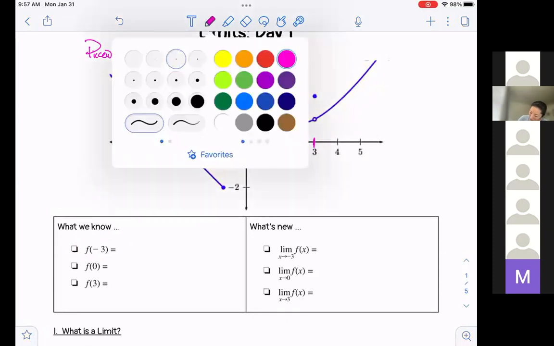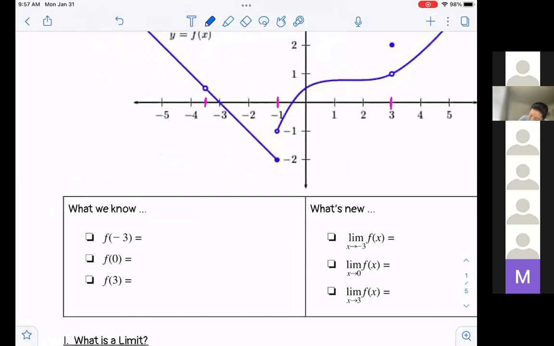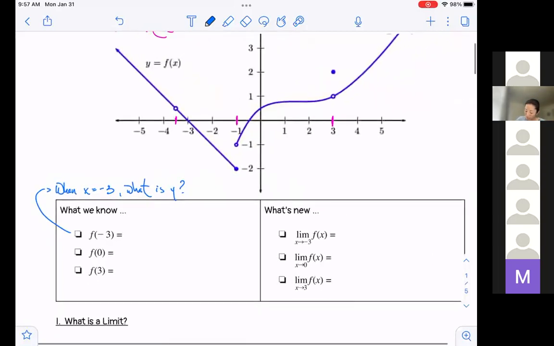Wonderful. All right, I don't know why I chose this aggressive hot pink color to start with, but that is exactly what this means: when x equals -3, what is y? Okay. Perfect. Thank you, Marilyn, for putting that in the chat.